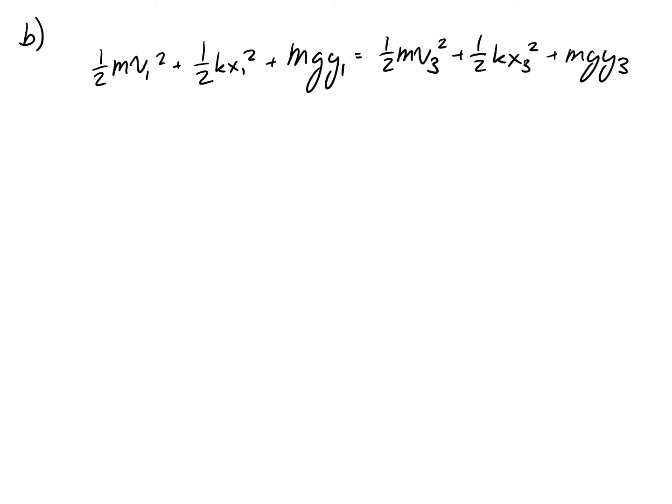So what I can do now is get rid of the terms I don't have. I don't have any kinetic energy at point 1. My ball is at the highest point. It's at its apex in the vertical direction, which means its velocity in y is equal to 0. And I'm not attached to the spring, so I have no elastic potential energy.